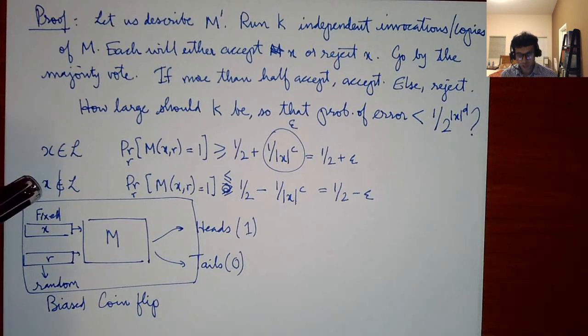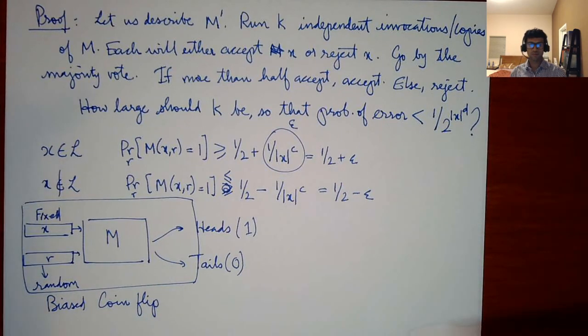If X is not in L, then this is a coin whose heads probability is half minus epsilon. So you have this hidden coin, and I promise you, either the heads probability is half plus epsilon, or half minus epsilon. Your job is to tell me which one it is. All you get to do is flip the coin, and you can see what happens.